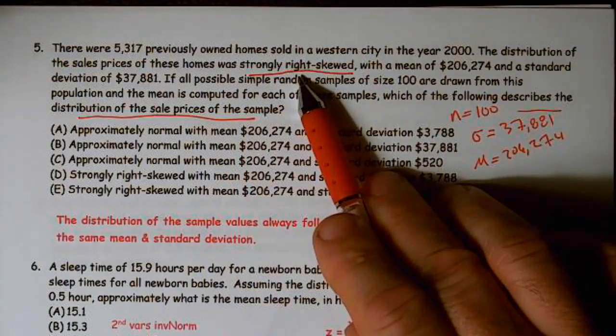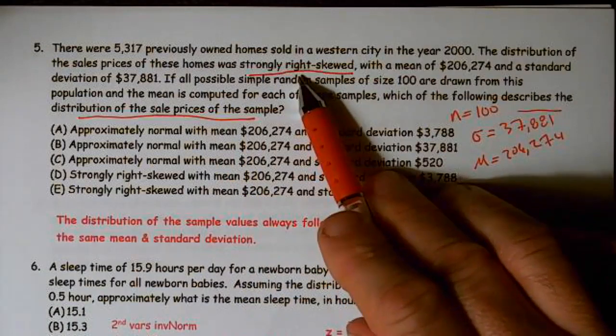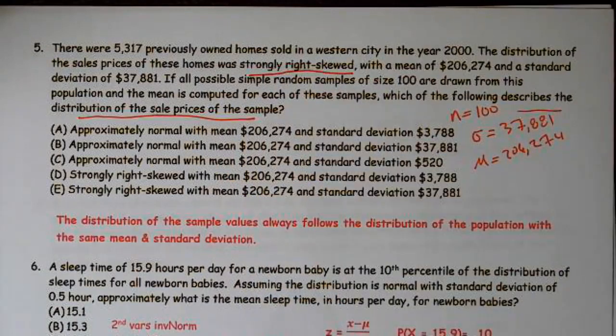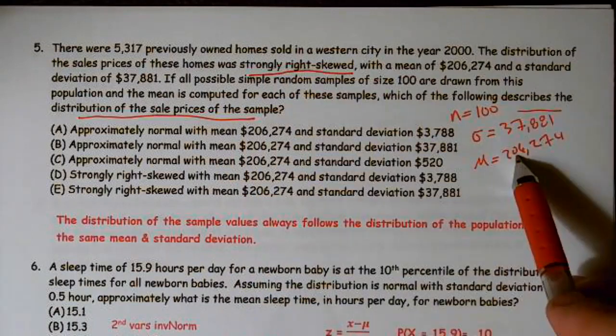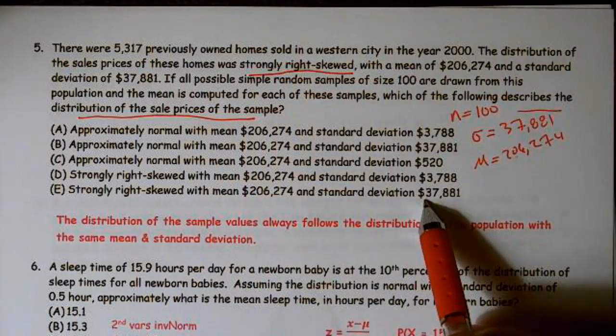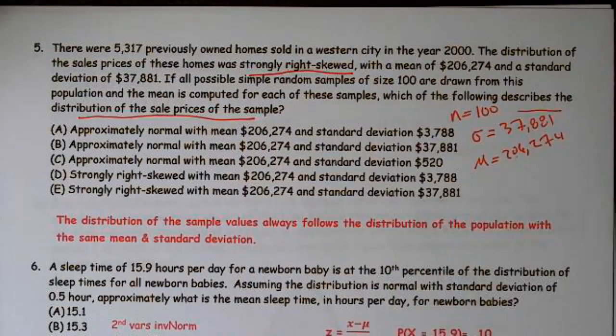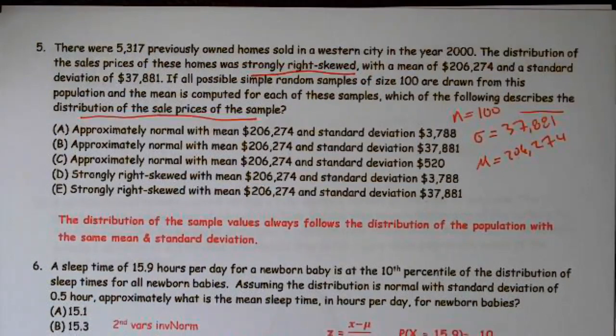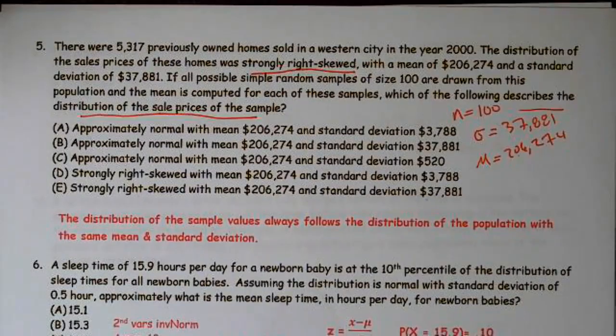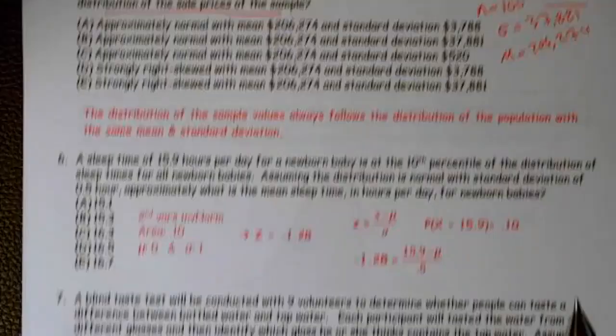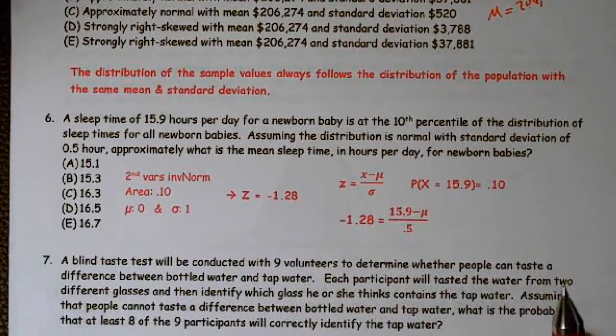The underlying population is skewed, so we're going to have a skewed sample with a mean equal to the mean, because the mean is the mean, and our standard deviation is 37,881. The distribution of sample values always follows the distribution of the population. It's only when it has the X bar, or distribution of the average, or distribution of the means, that it becomes approximately normal by central limit.